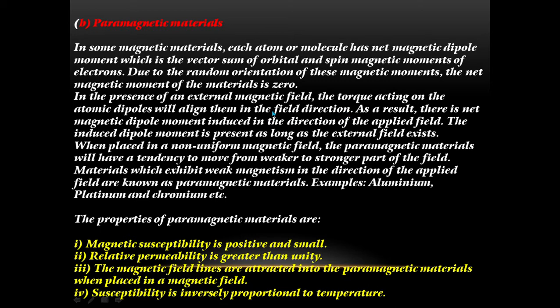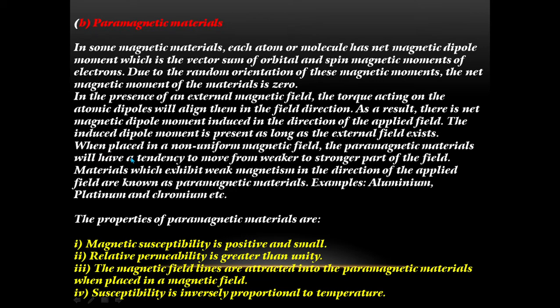As a result, there is a net magnetic dipole moment induced in the direction of the applied field. The induced dipole moment is present as long as the external field exists.